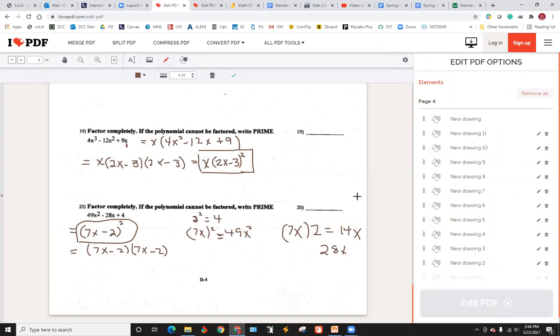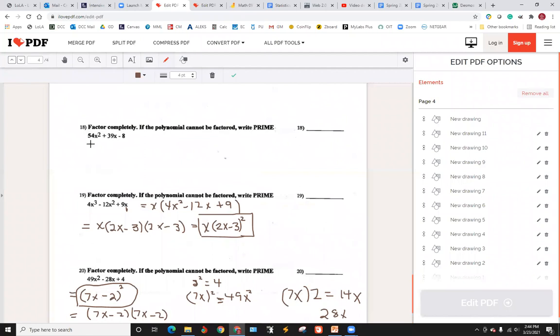All right, let's see what's up on the top up here. All right, factor completely. All the messy ones are at the bottom. So any common factor between all of those three? Both of these, 54 and 39, are divisible by 3, but sadly not 8.